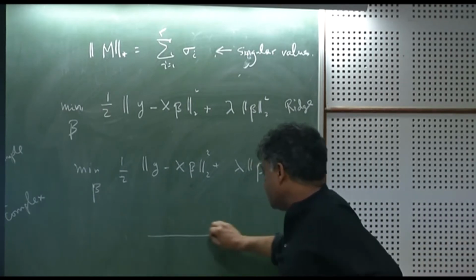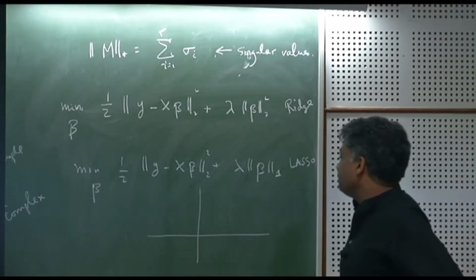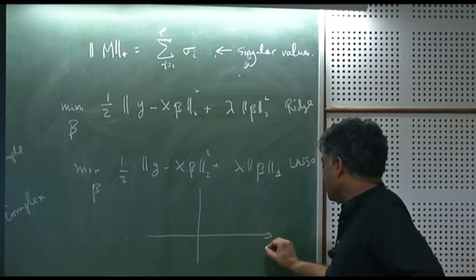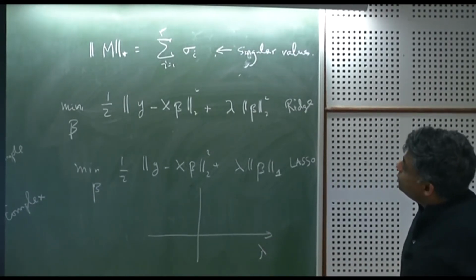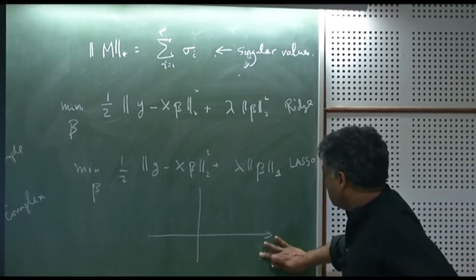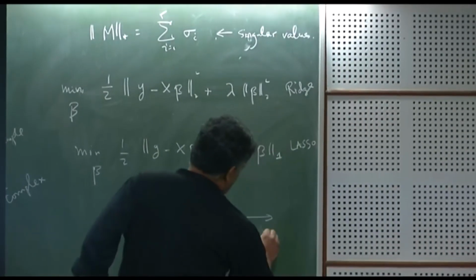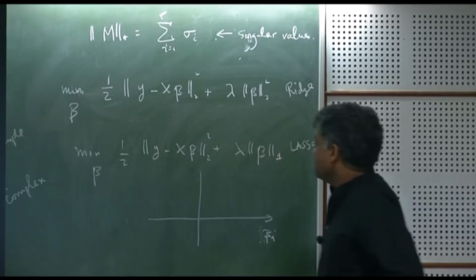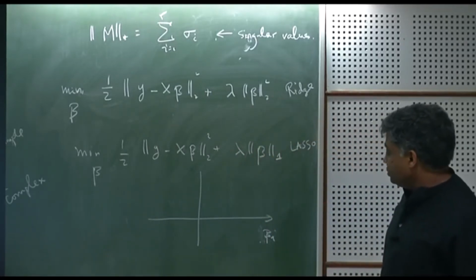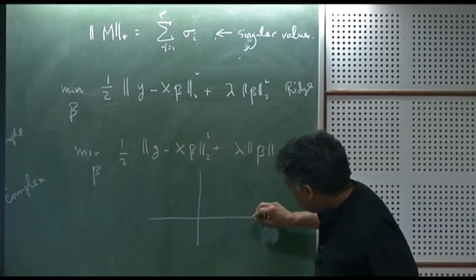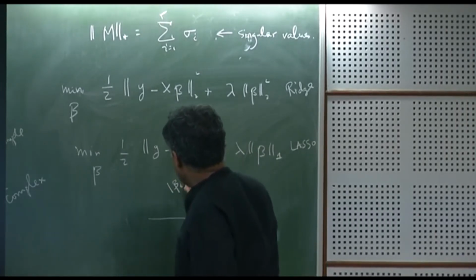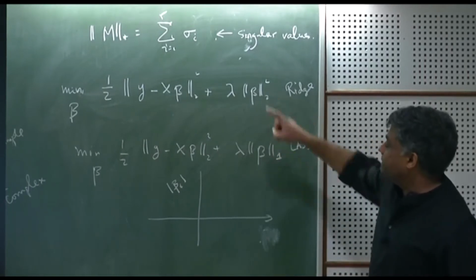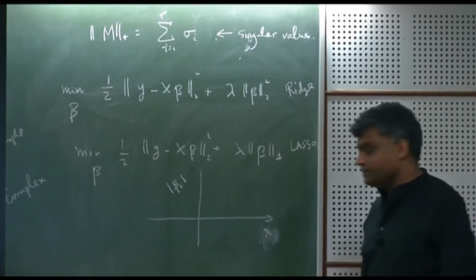So what am I saying? If I look at a particular value, here is lambda. If I take a particular beta i, and use ridge regression, and on this side I plot the absolute value of a particular beta i, and here it's lambda.